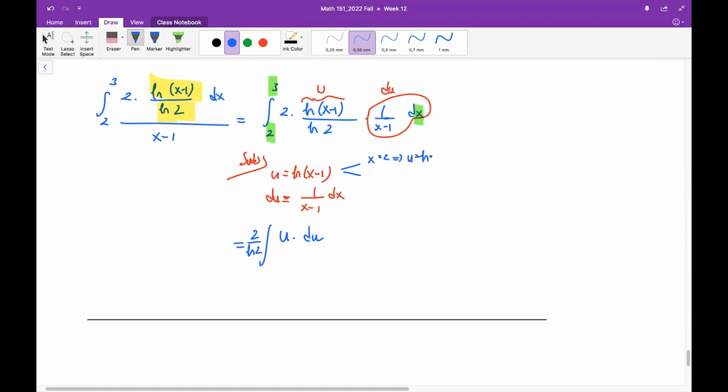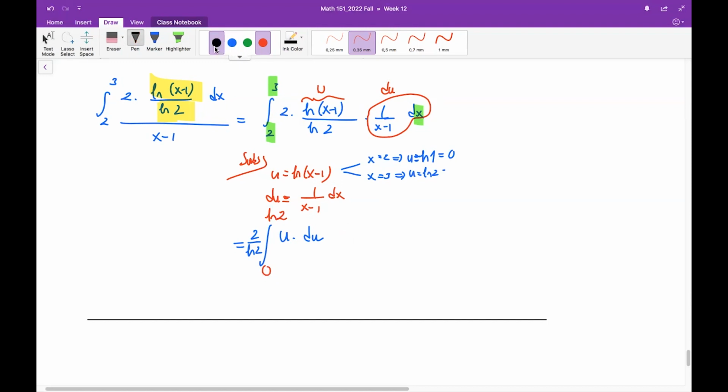Then u is ln 1, so it is 0. If x is 3, then u is ln 2. Okay, so these are the new boundaries for the function u. The lower boundary is 0 and the upper boundary is ln 2.